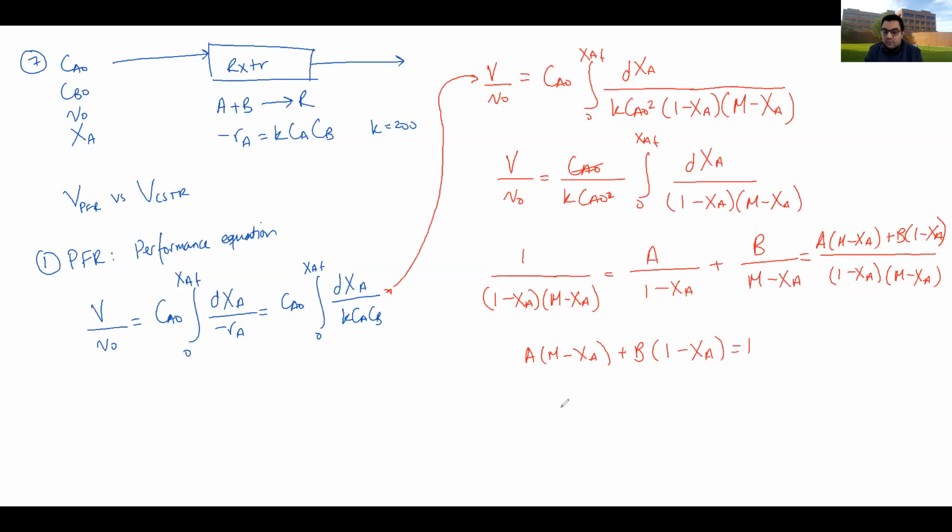So I'm going to take the two extremes. When XA is equal to 1, this is 0, so this means that A is equal to 1 over M minus 1. And on the opposite side, when XA is equal to M, this means that B is equal to 1 over 1 minus M. So I have A and I have B. I can rewrite this fraction as follows.